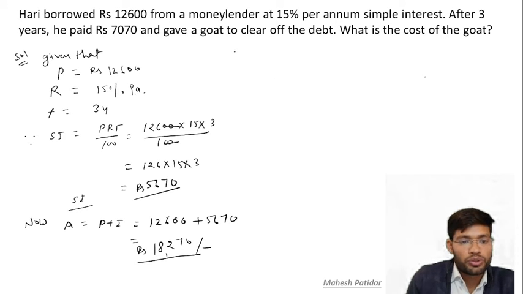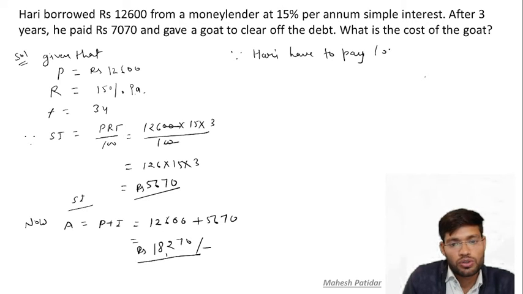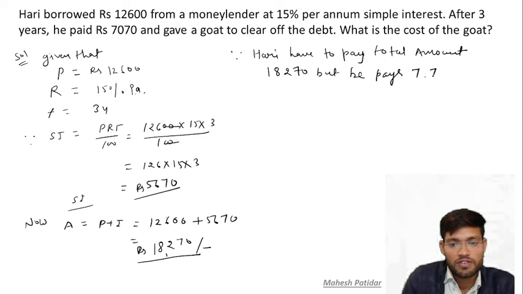Now since Hari has to pay a total amount of 18,270, but he pays 7070 rupees and gives a goat to clear the debt.